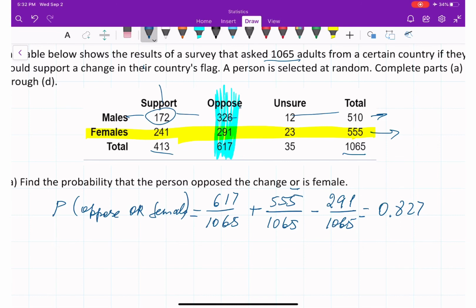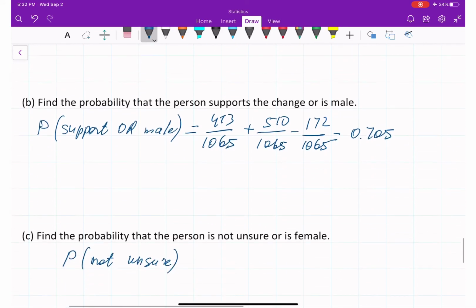I either can add support 413 plus 617 and divide by 1065, or go nicer way, 1 minus 12 over 1065, right? Because it's a complement.